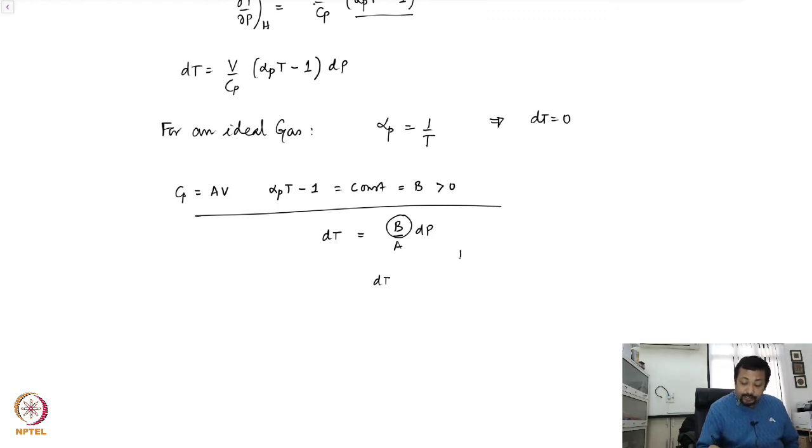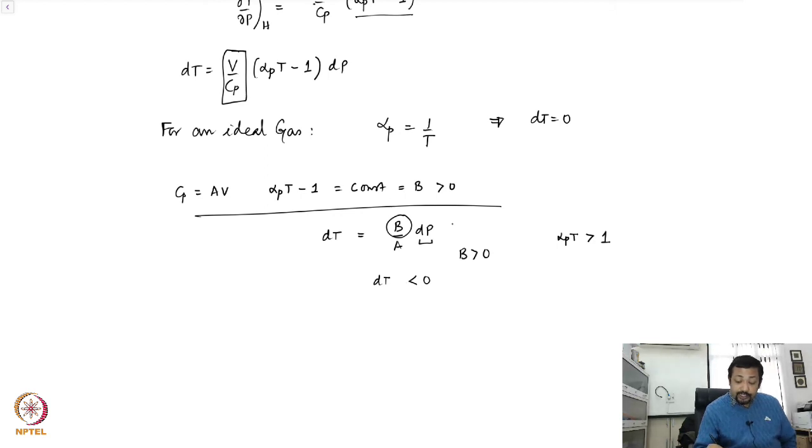If B is greater than 0, which means alpha P T is greater than 1, and provided this ratio V over Cp doesn't depend on pressure, it's just a constant number, then you see dT is less than 0. Why?